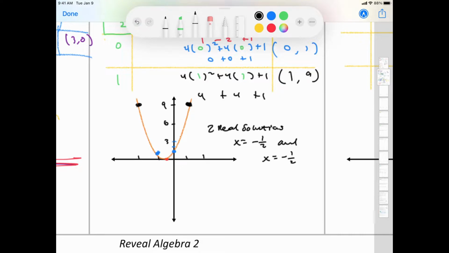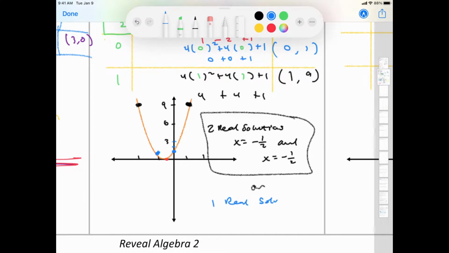This is one option. Or you can say 1 real solution, x equals negative 1/2. But here you have to state it with a multiplicity of 2, or say it's a double root.